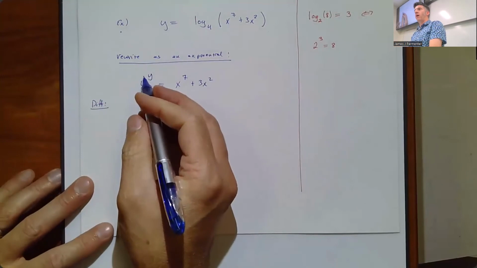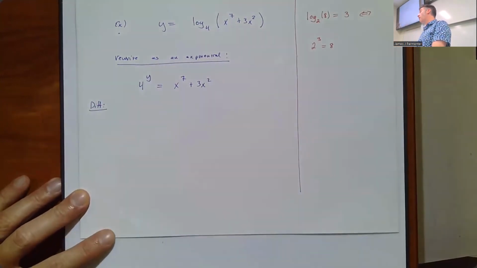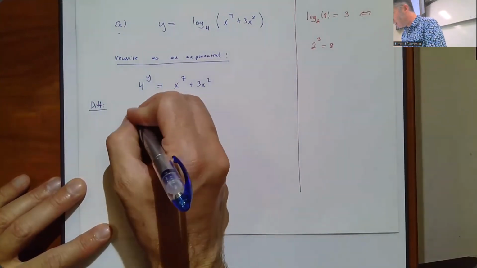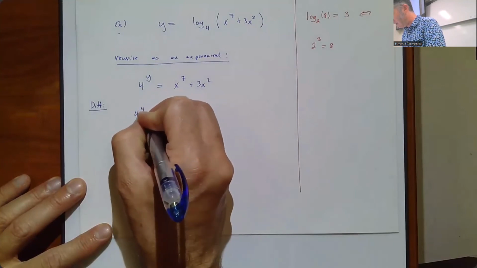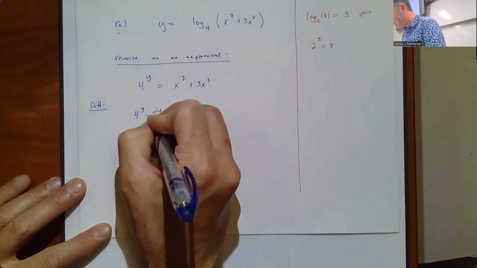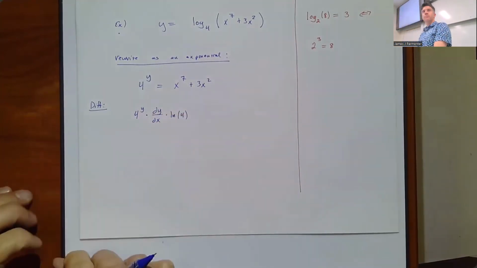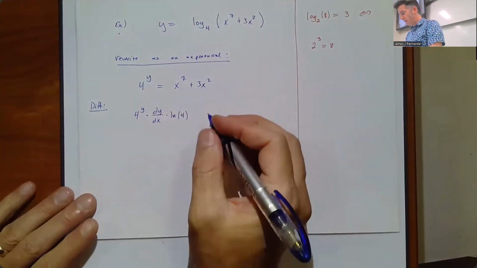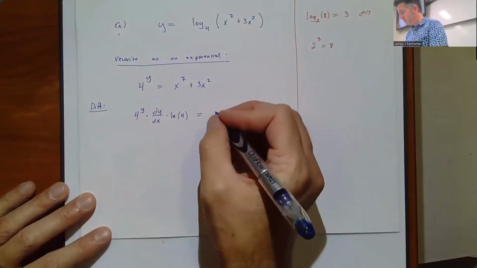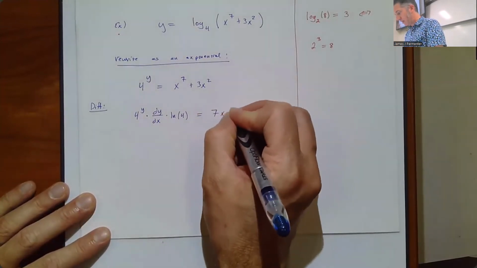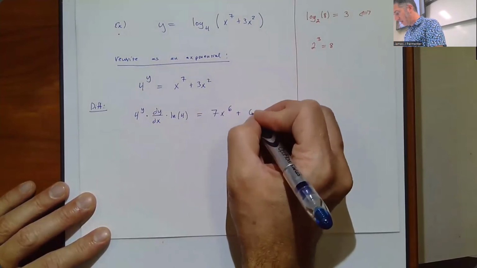So the derivative of 4 to the y, or the derivative of 4 to the stuff, is going to be 4 to the stuff times the derivative of the stuff times the natural log of 4. The right-hand side is power rule. Derivative of x to the 7th is 7x to the 6th. Derivative of 3x squared is 6x.